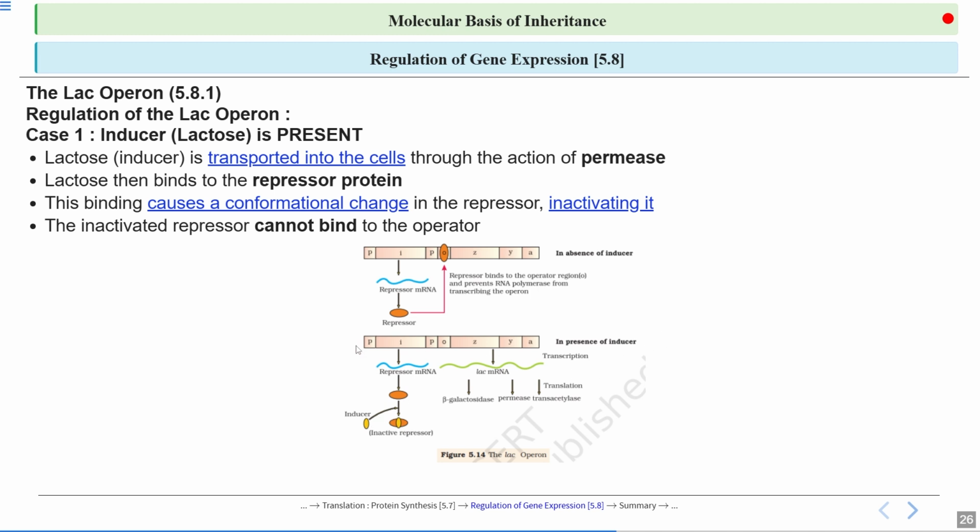Pay attention here. In the presence of inducer, this is case study 1. So now we have this inducer, this lactose, in the cell.